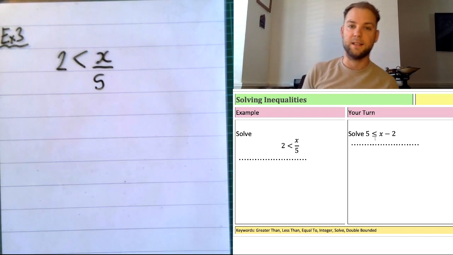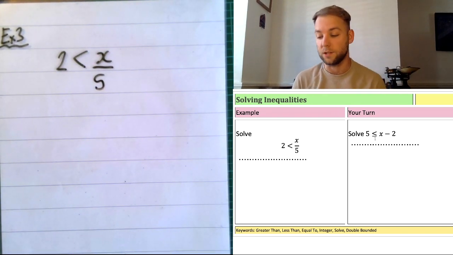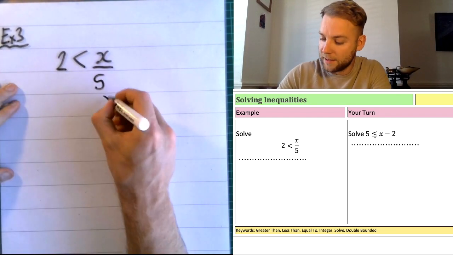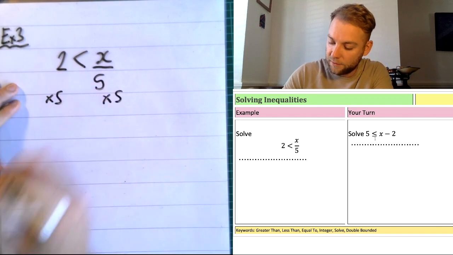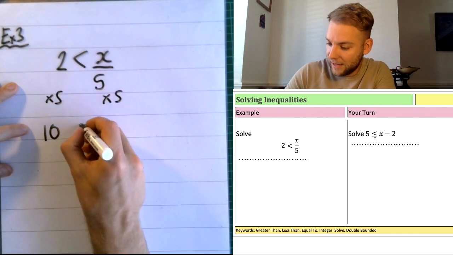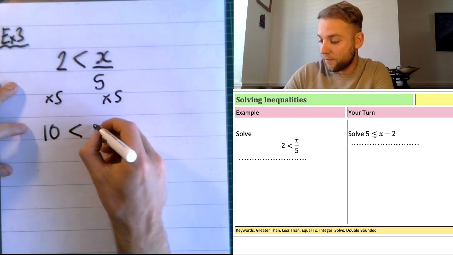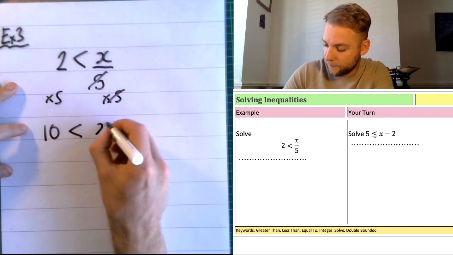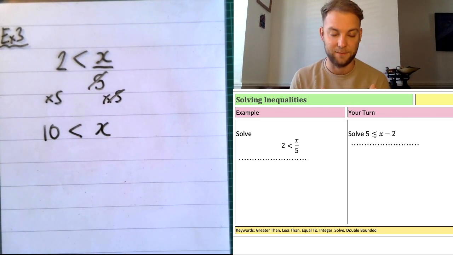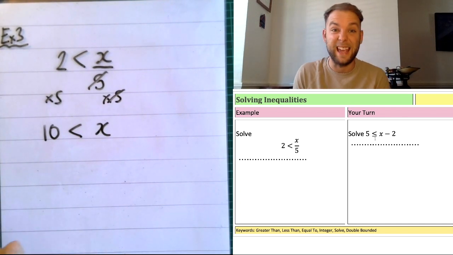The first thing we need to do is solve it like a normal equation. So we want to get rid of this divided by 5. I do that by multiplying both sides by 5. 2 times 5 is 10, which is less than x over 5 times 5, which is just going to be x, like so.